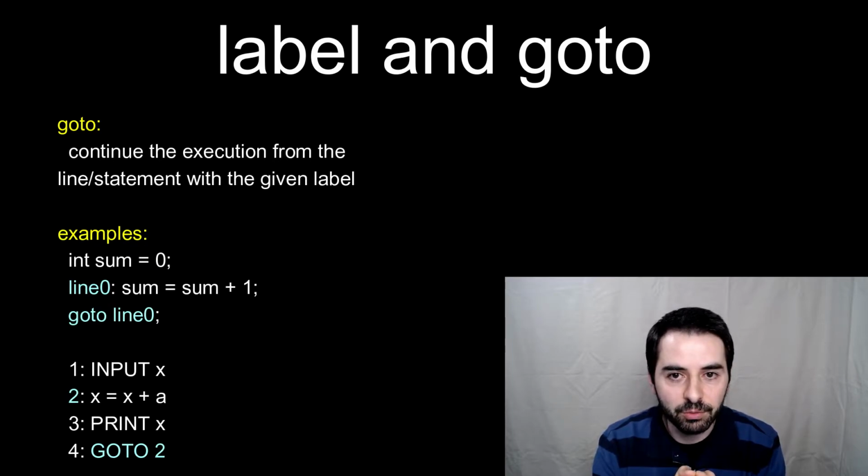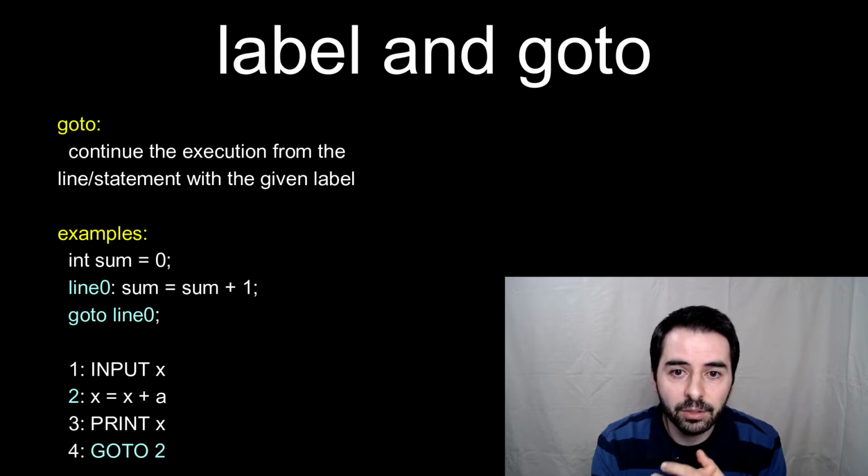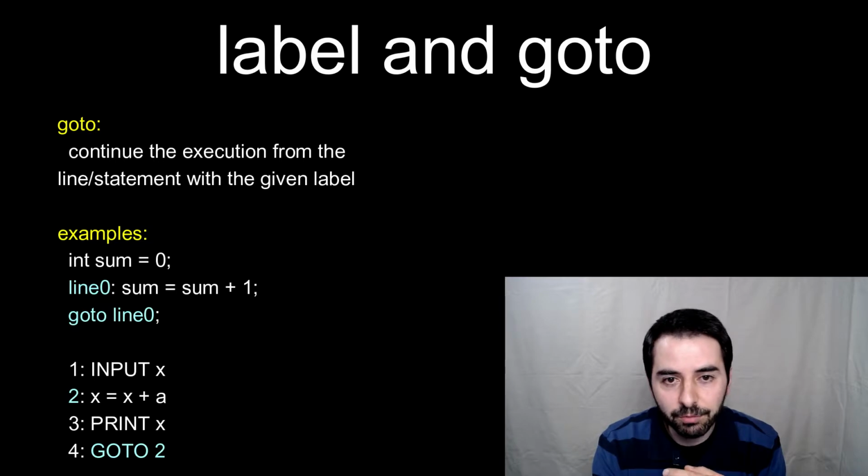For instance, if we want to add 1 to a given number 100 times, we can prefix a line where we say sum equals sum plus 1, and then we give that line a label, line 0.